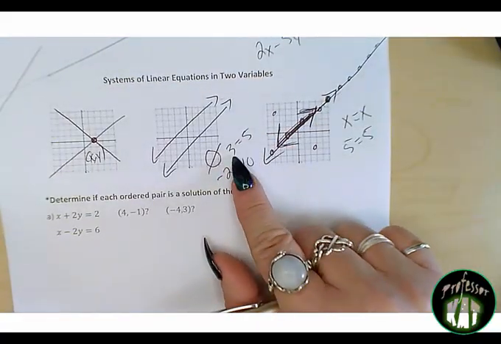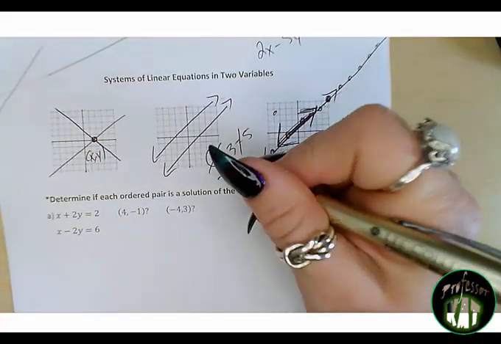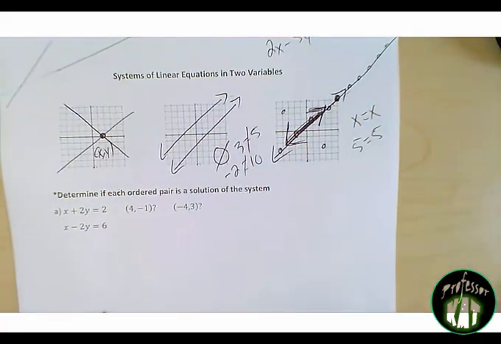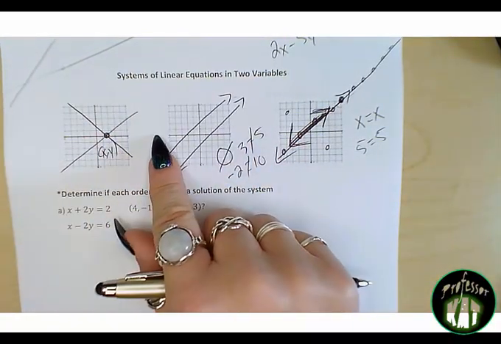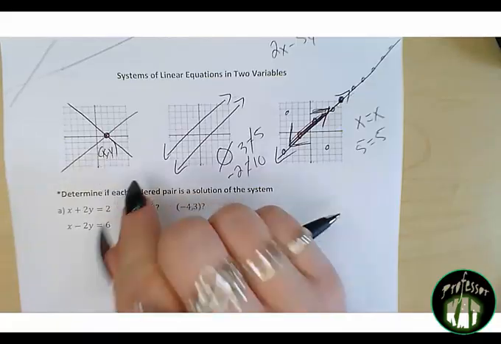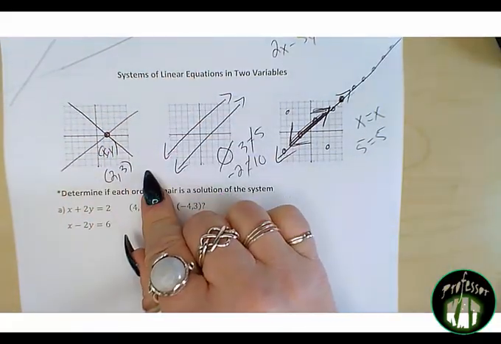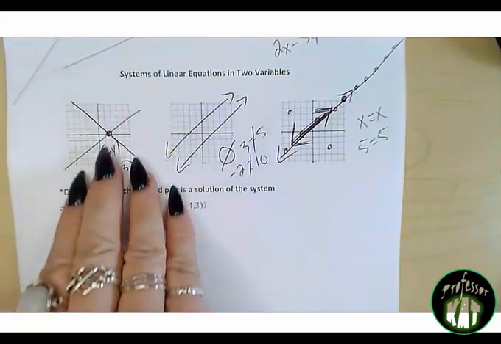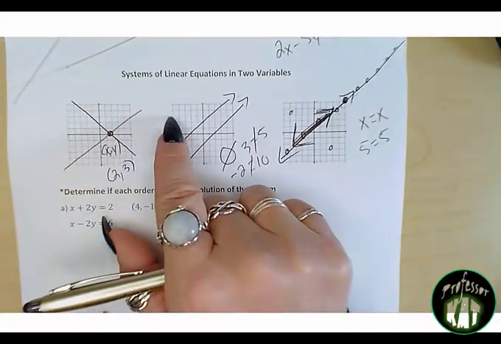You're going to get a solution that just does not make sense. 3 does not equal 5, negative 2 does not equal 10. That is your no solution. For your most common case, you're going to get an answer that looks like 1 point. So as long as you get normal looking answers, this is going to be your one solution case. They intersect at 1 point.